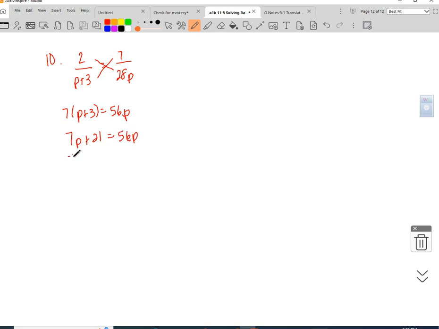We're going to subtract 7p from both sides, and 21 equals 49p, because 56 minus 7 equals 49. Divide both sides by 49. And so p equals 3 over 7, because 7 comes out of 21 three times, and 7 comes out of 49 seven times.